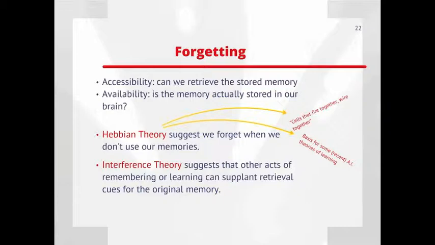Okay, interference theory suggests that other acts of remembering or learning can supplant retrieval cues for the original memory. Again, we talked about displacement earlier. That happens in long-term retrieval of memory too. So for example, if you've driven a car in manual shift, it may be difficult to learn how to drive the automatic shift or vice versa. Another example is in being able to type.